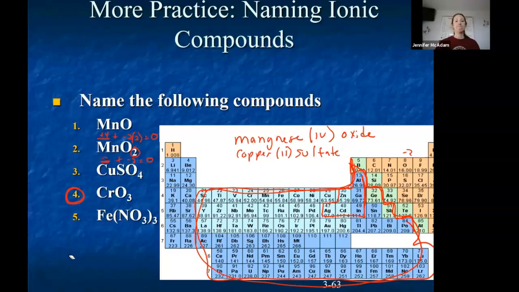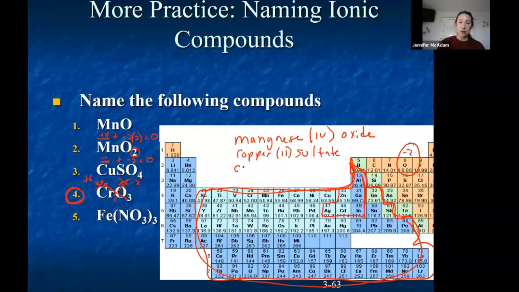So for this one, let's just do crisscross this time. So we do crisscross. Makes this a +3, and this a -1. And remember, we need to check. Is oxygen -1? No. Oxygen's still -2. Oxygen's not a -1. So this must have been simplified. So this is -2, and this is +6.